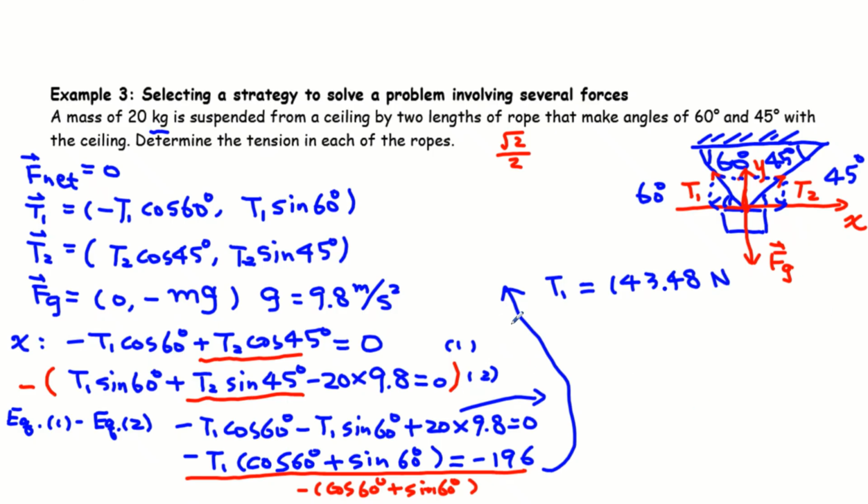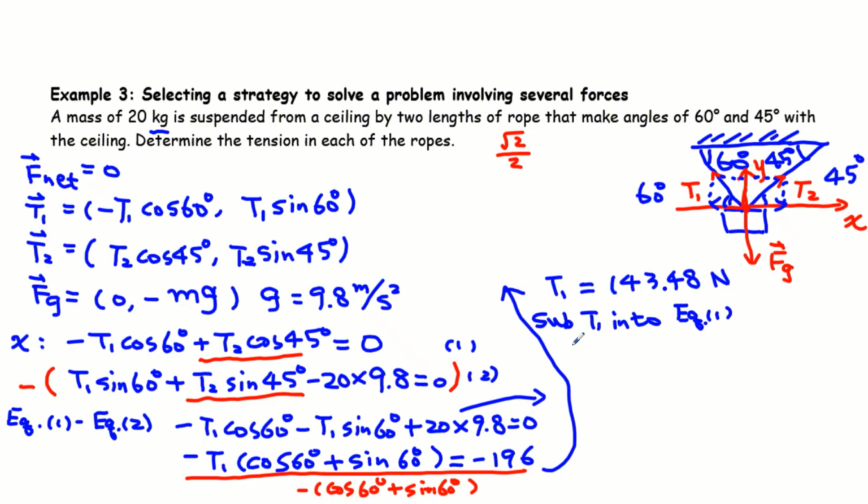Then we are going to solve for T2. We have two equations, equation 1 and equation 2. If we use equation 1, it's easier for us to solve for T2 than equation 2, because we just move the negative T1 cosine 60 to the other side. So we substitute T1 into equation 1.